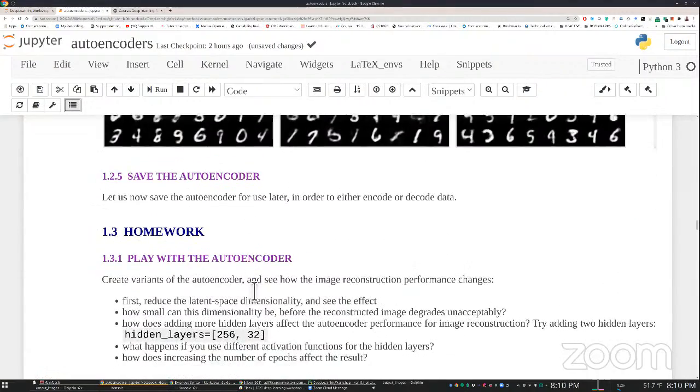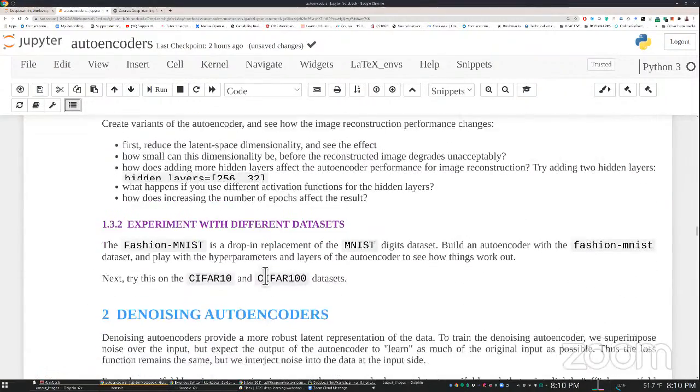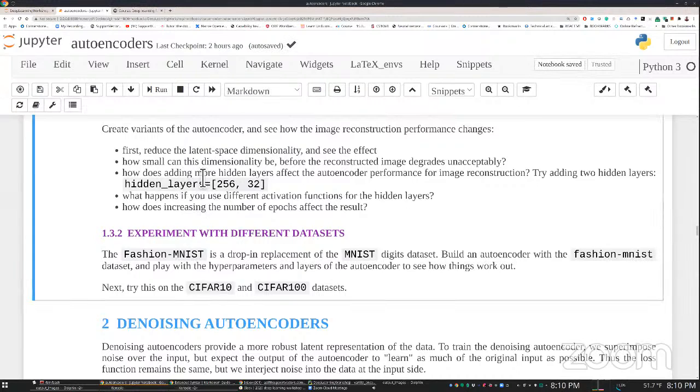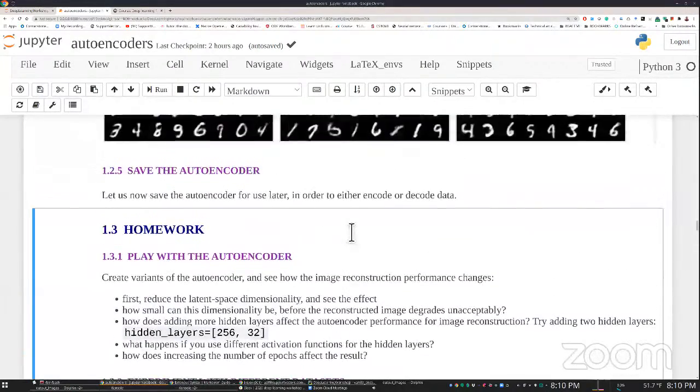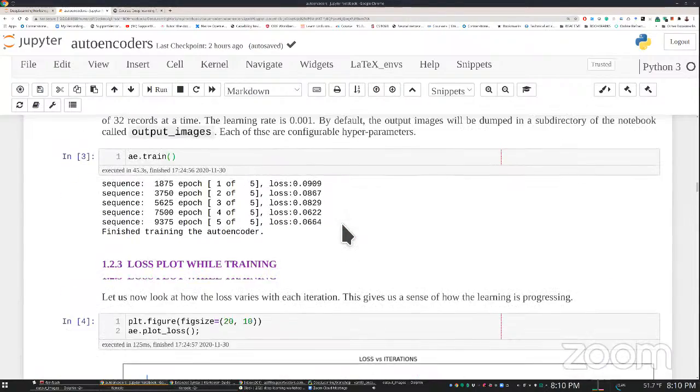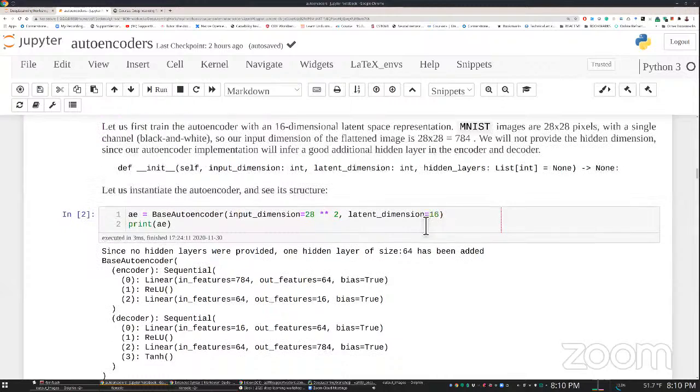Now, by the way, I'll take you through that bug. Whatever it is, we'll fix it in a moment. First thing is, see the effect of reducing the latent space or dimensionality. This is very easy. What do we need to do to change the dimensionality, guys? Latent dimensions.